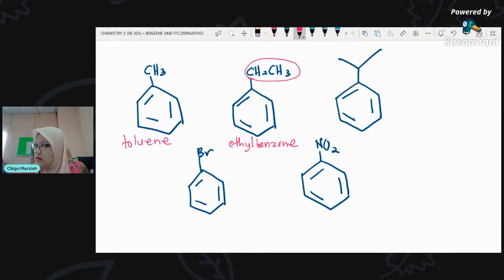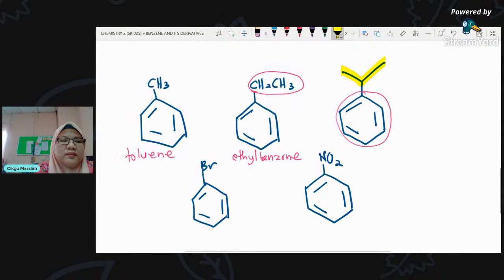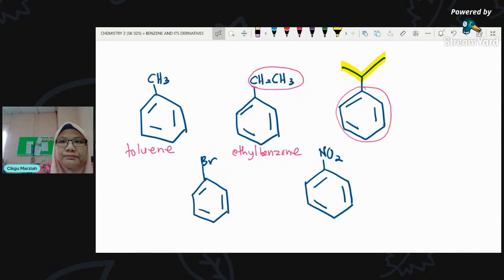Okay, now let's look at number 3. Okay, the parent is benzene because tak ada nama kan, yang macam gambar ni tak ada dalam senarai yang saya bagi tadi. Okay, and this is the substituent. Okay, can you give the name for the substituent? It contains 1, 2, 3 carbons. Apa nama dia?